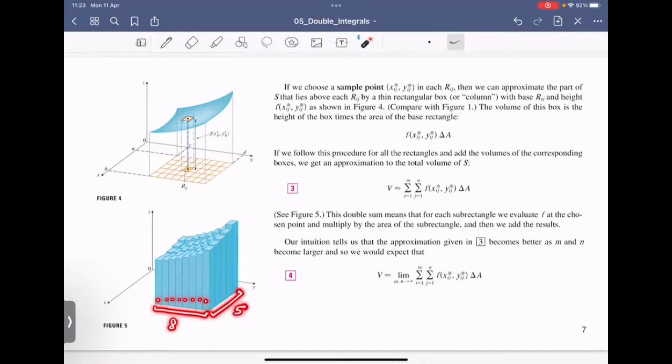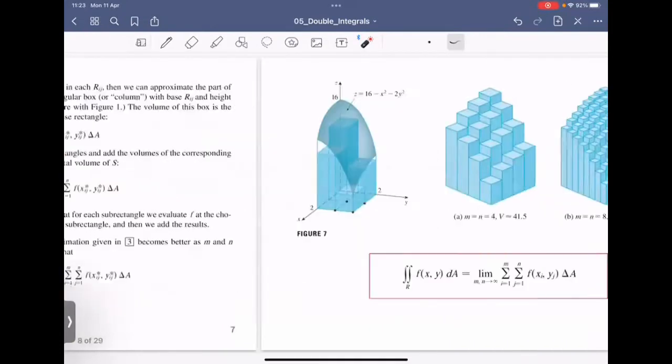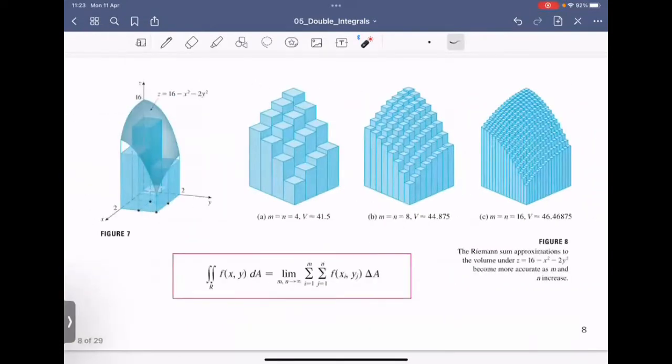If you increase the number of separations, like I have 800 here and 500 here, the stacks are going to be more continuous. And at the end, once you sum it all and take the limit, which means you make it smooth, you can see here this is the surface.